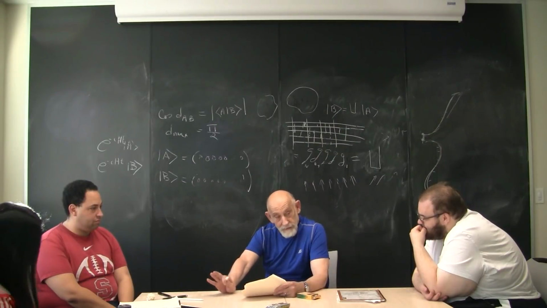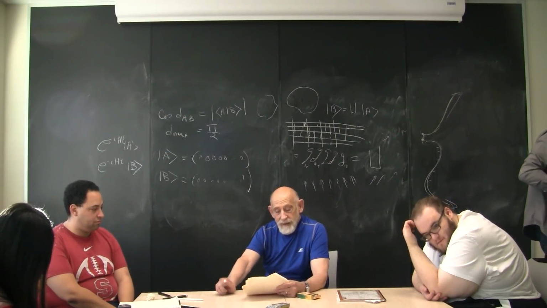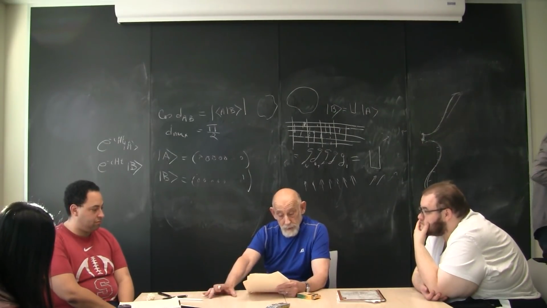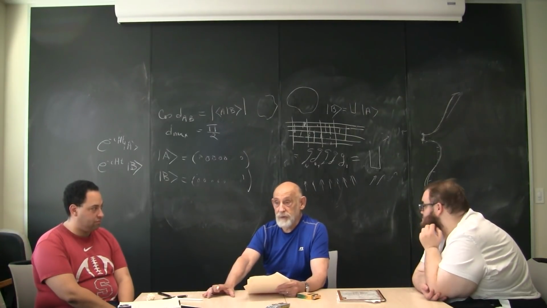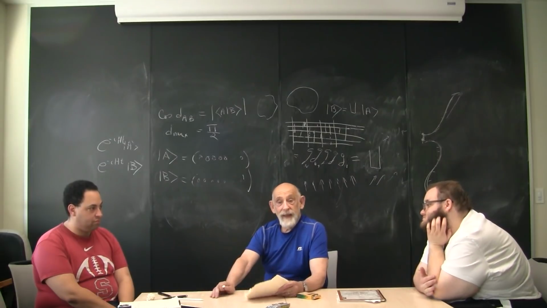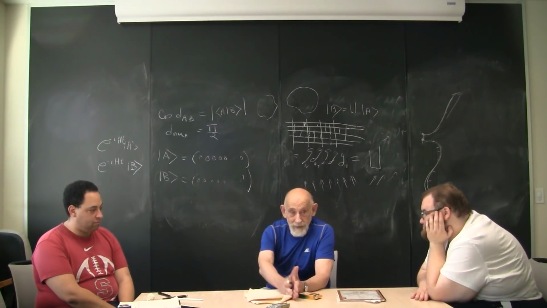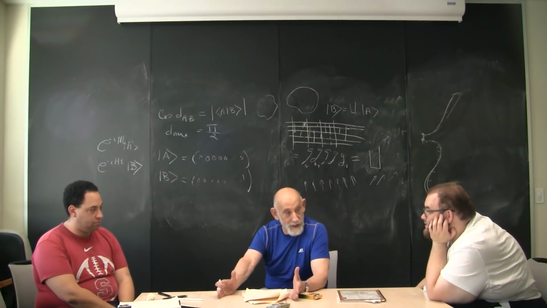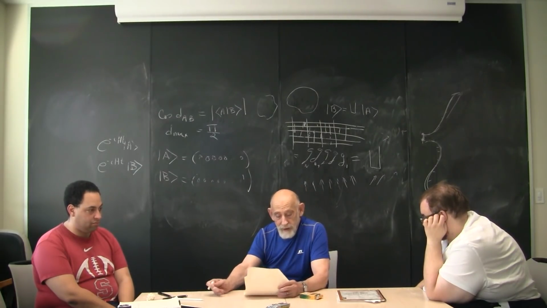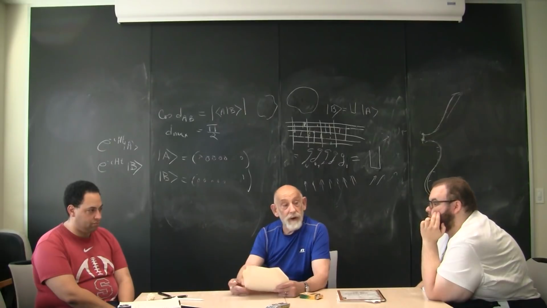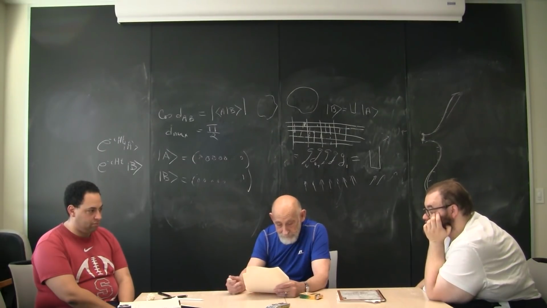Furthermore, the distance between A and B is 0 if and only if A is equal to B. If you have 2 different states, there's no way to get to one from the other with 0 gates, obviously. 0 gates will always bring you back. So yes, the relative complexity of A and B is 0 if and only if A is equal to B.